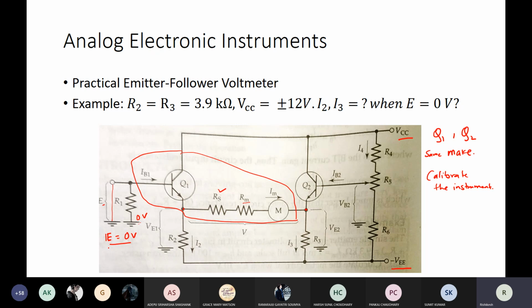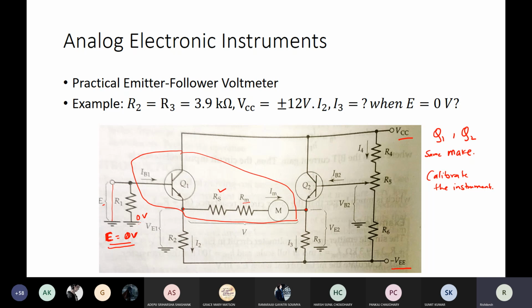we know that the voltage E that I'm actually applying is 0 volts. Now when 0 volts is applied at the base of transistor Q1, will Q1 conduct or not? What is the condition for the transistor Q1 to conduct?